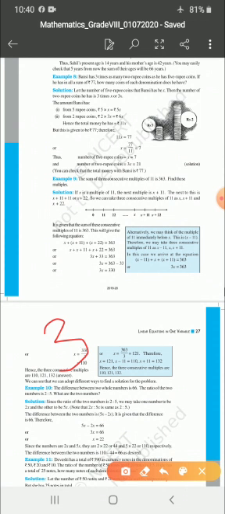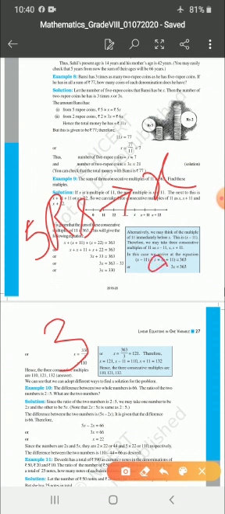Bansi is having 3 times the 2 rupee coins. Means, for example, if you take the 5 rupee coins as x coins, then the 2 rupee coins will be 3 times, means 3x. Okay, that is what he has done here.